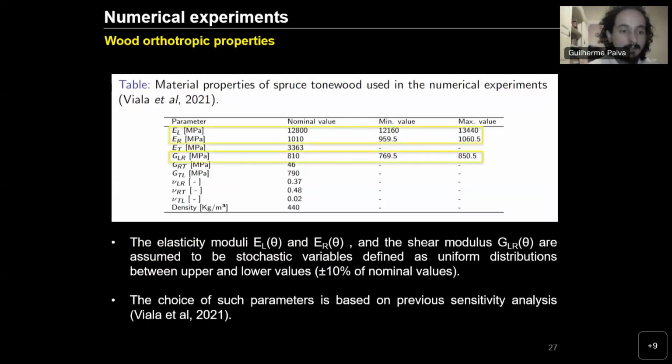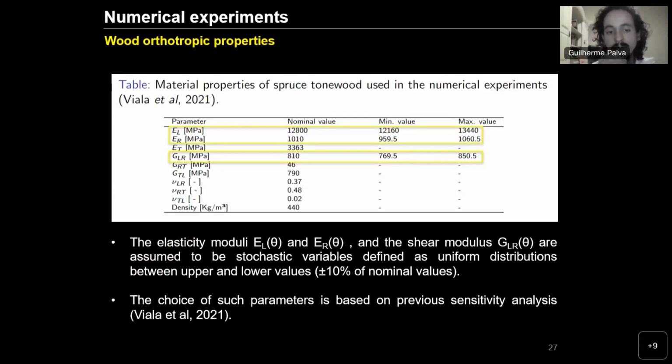In order to include the uncertainties in the material, the elasticity moduli EL and ER and the shear modulus GLR are assumed to be stochastic variables. These variables are defined as uniform distributions between upper and lower limits.